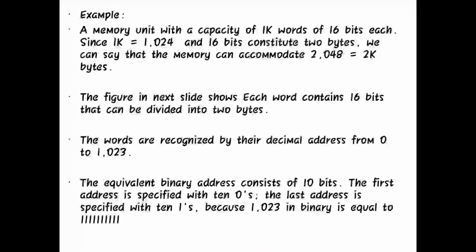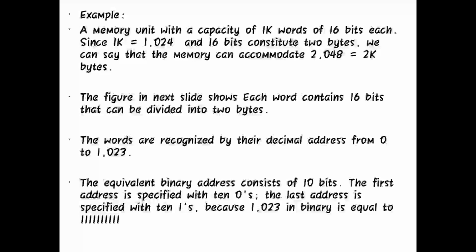Again I'll go back to the previous slide and read from the first. A memory unit with capacity 1k words of 16 bits each. 1k is nothing but 1024. Don't worry about the bytes. Just remember we'll be having 1k words, and each word will have 16 bits.